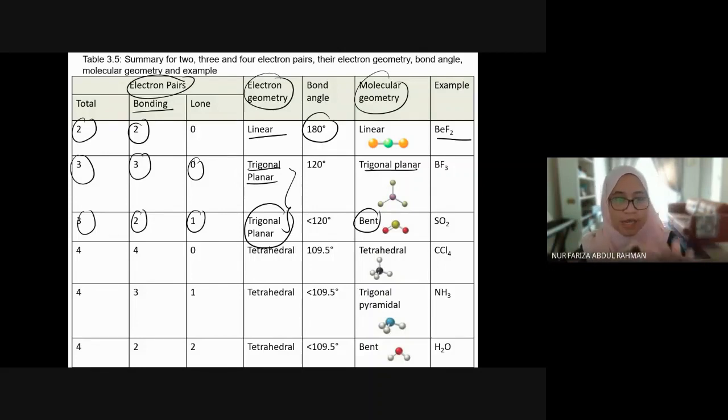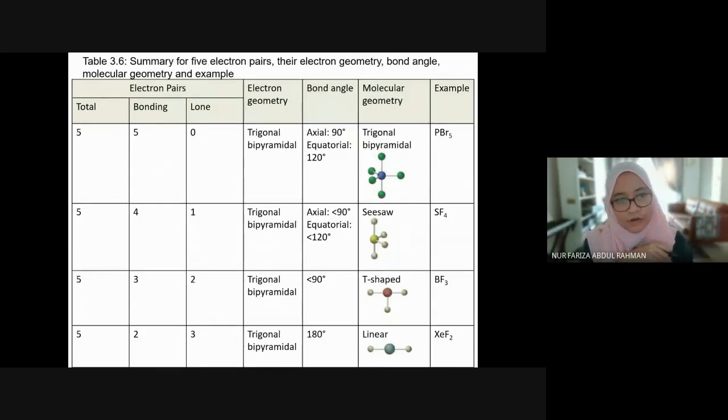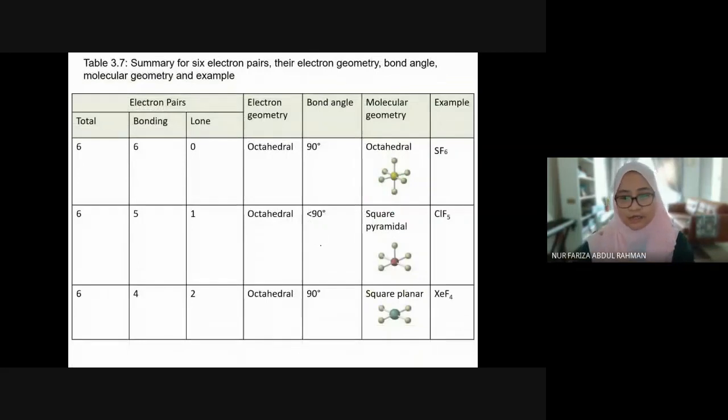Sama je, cuba we put all the information in a table. Lengkap, complete dengan contoh. Okay, cuma again, macam biasalah octahedral ni dia tak include yang T-shape and linear.